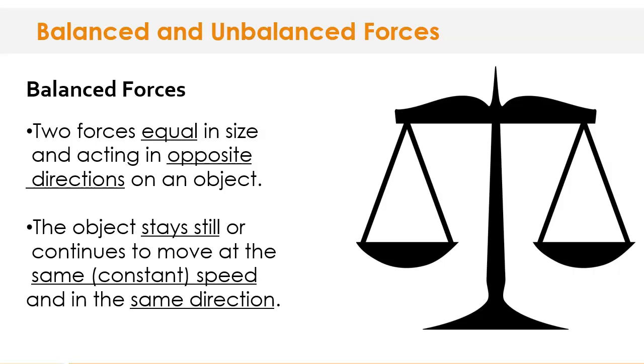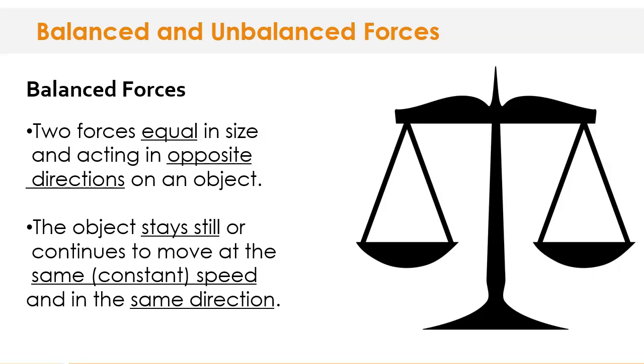So it's going to keep moving at a constant speed and in the same direction. So whenever forces are balanced, whenever all of the forces that are working on an object are equal in size or equal in strength, and they all have an opposite force to them.